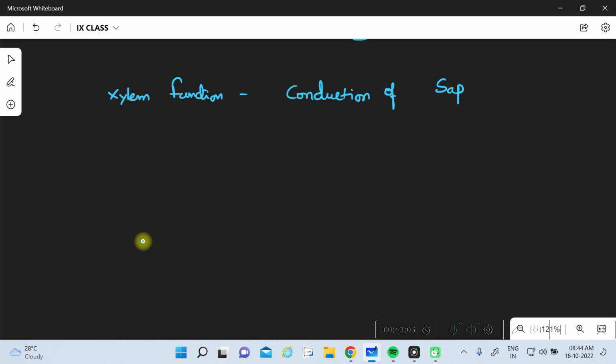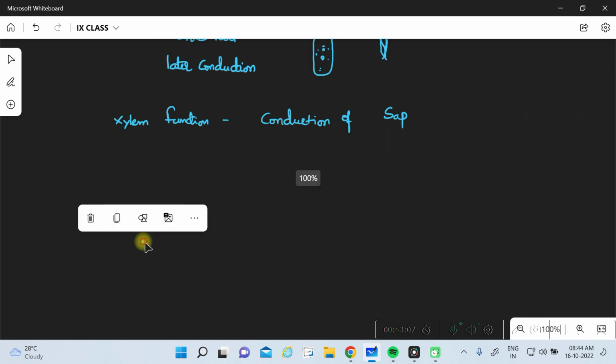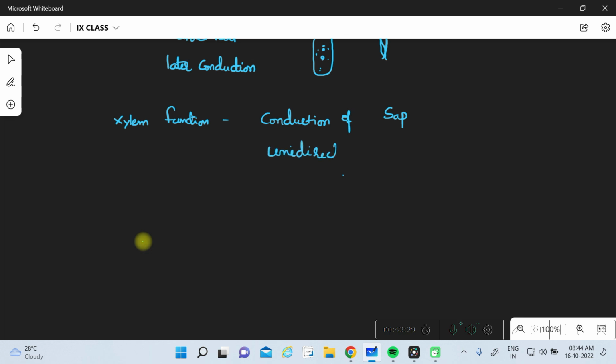Conduction of sap in the sense that xylem conducts water and minerals from the roots to the aerial parts of the plant. The movement of water and minerals is unidirectional, in the sense that they are transported from the roots to the aerial parts of the plant. This is the first and foremost important function of xylem.